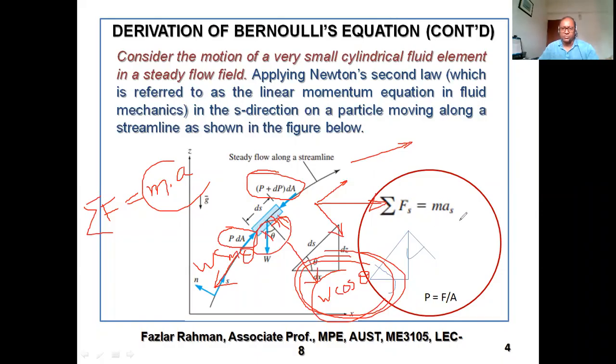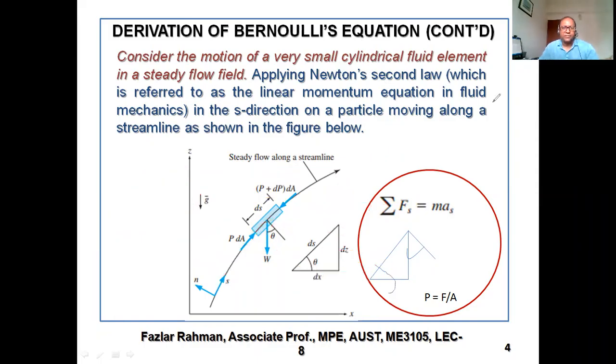F is equal to ma. And one more thing, you see, the a is the acceleration of the fluid. So acceleration equal to, we know, dv by dt, change of velocity divided by change of time.